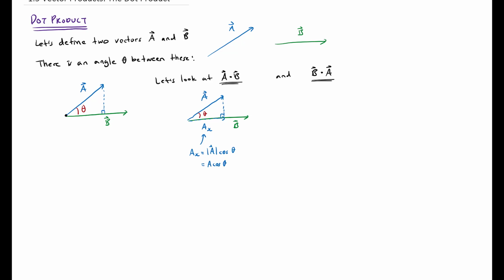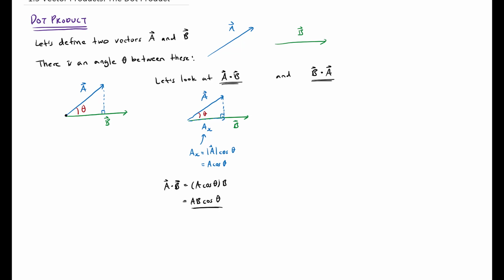If we were to multiply the magnitudes of the two vectors, then we know A dotted with B is simply going to be A cos theta times B, or AB cos theta.